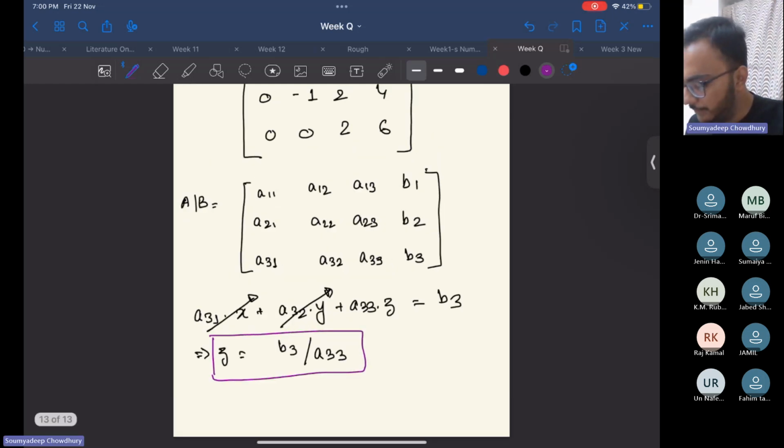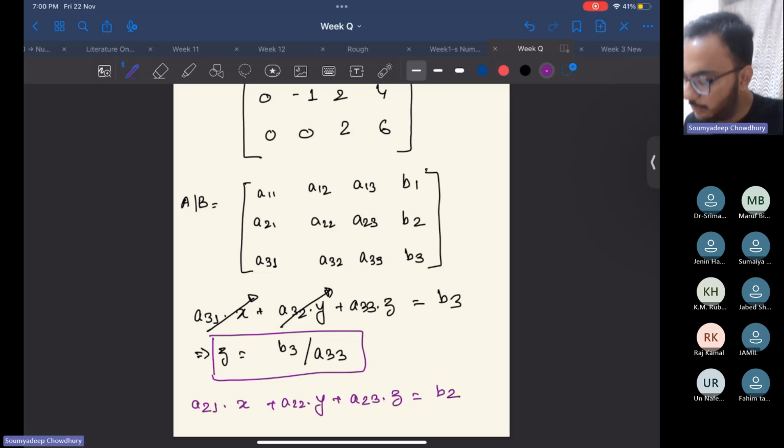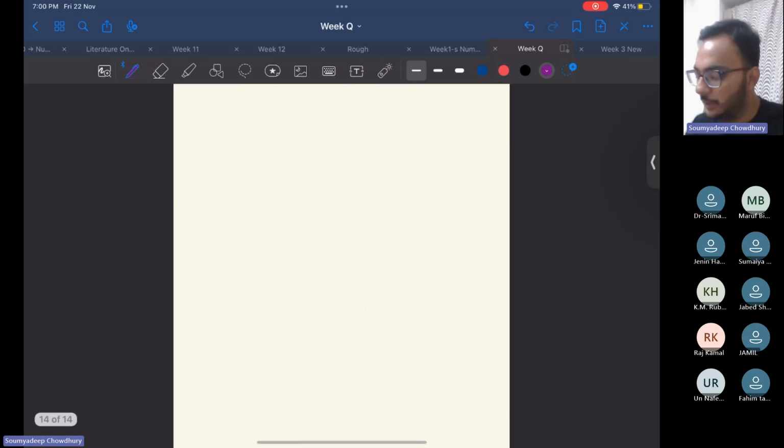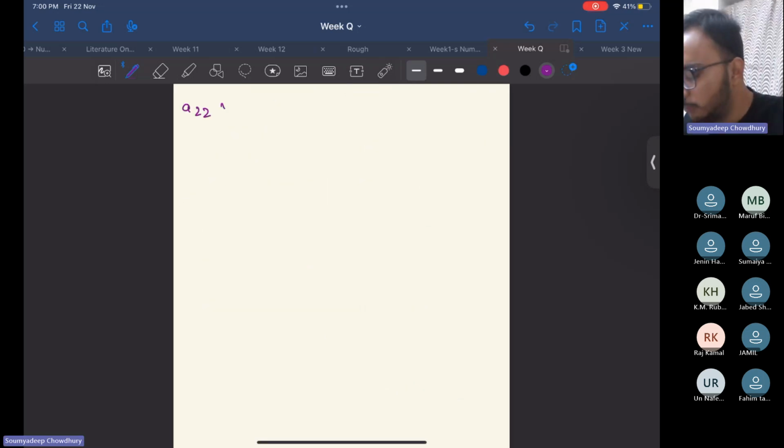Then you have a21 into x, a22 into y, a23 into z equals b2. From this we strike off the a21 element because this is again 0. So you have basically a22y plus a23z equals b2.